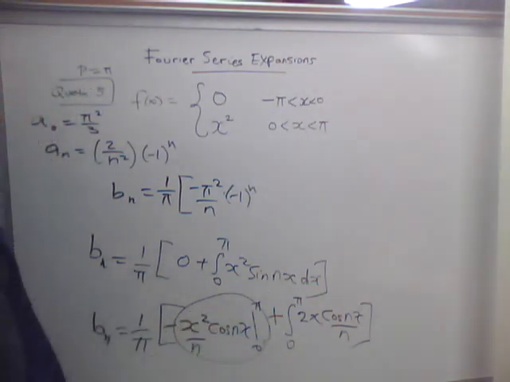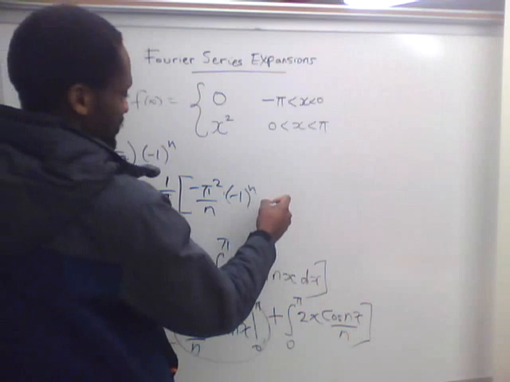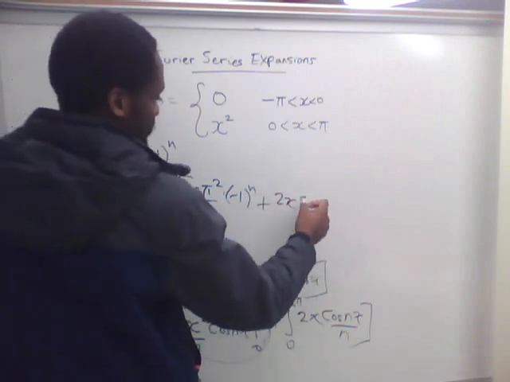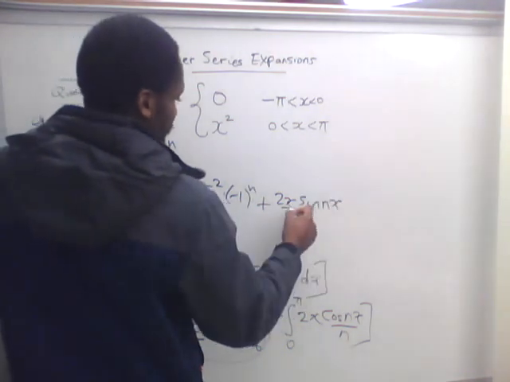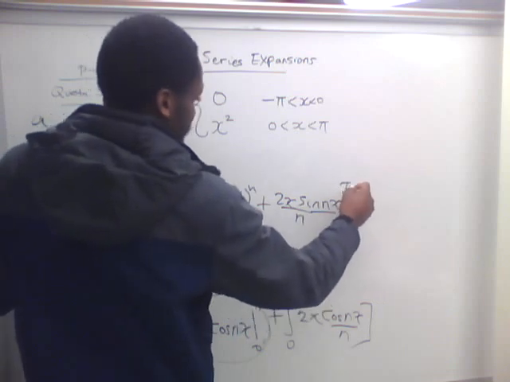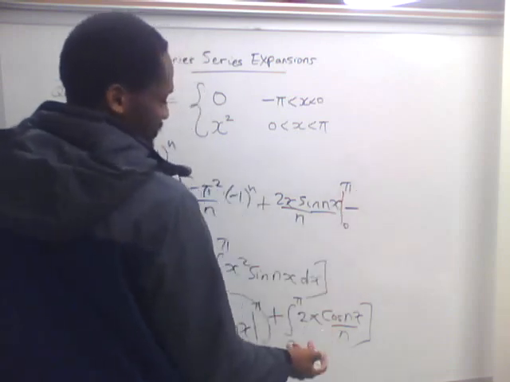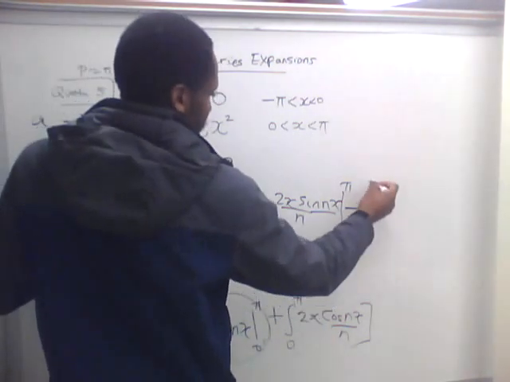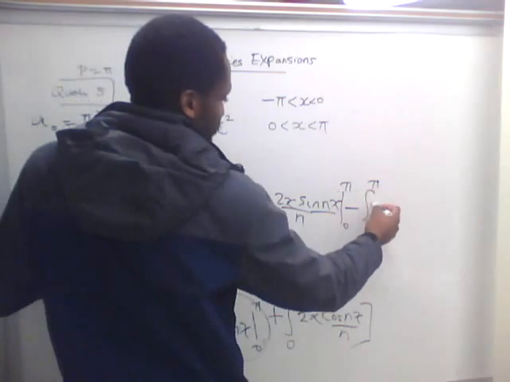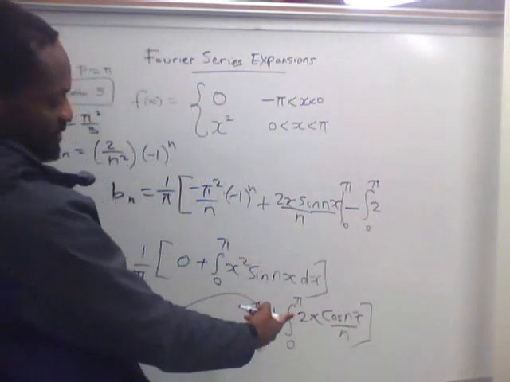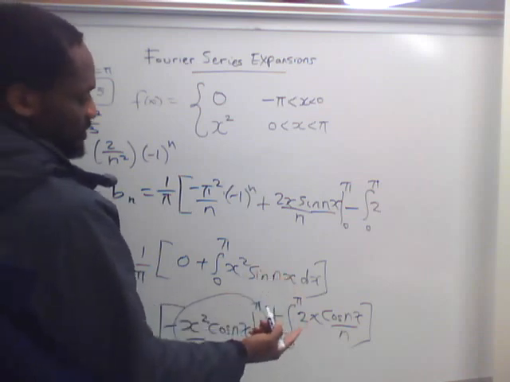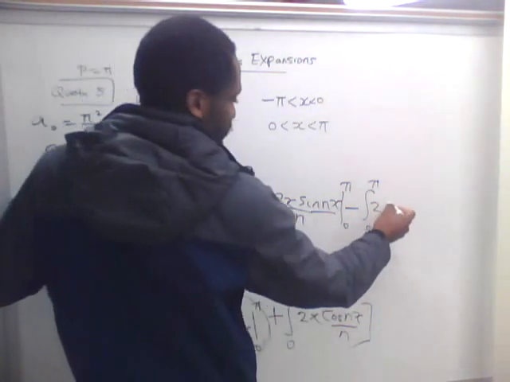The second integral I can do again by parts. That's simply 2x sine nx over n, evaluated at 0 to pi, minus the integral from 0 to pi of the u, which was 2x, the u rather, is 2 times the v term, which is sine nx over n squared.